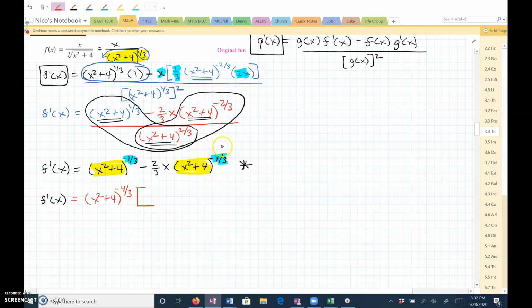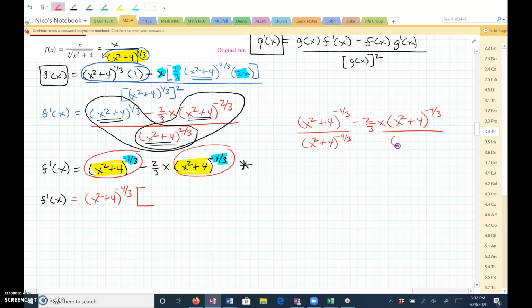So we're factoring this guy out of each of these. So in order to do that, you might want to have some scrap work on the side here. Okay, and what we're doing, we're factoring out x squared plus 4 to the negative 4/3 power from both of these.